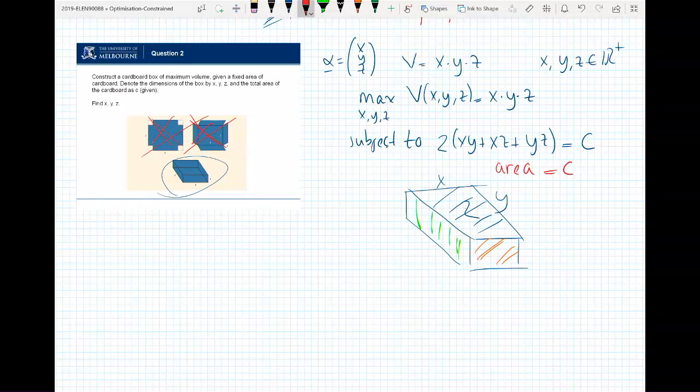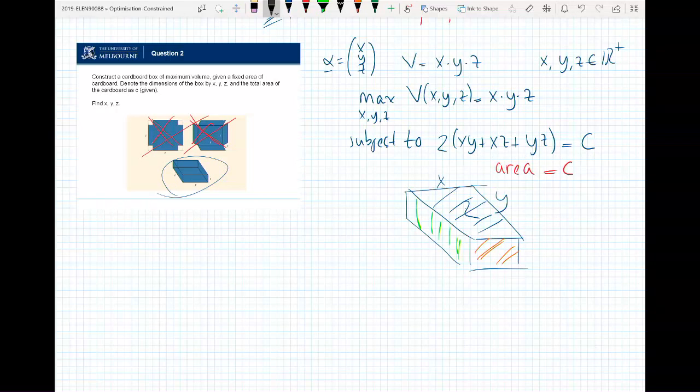Okay, excellent. So now we need to solve this. All right. How do we solve this? We write the Lagrangian, because this is a single equality constraint, right?